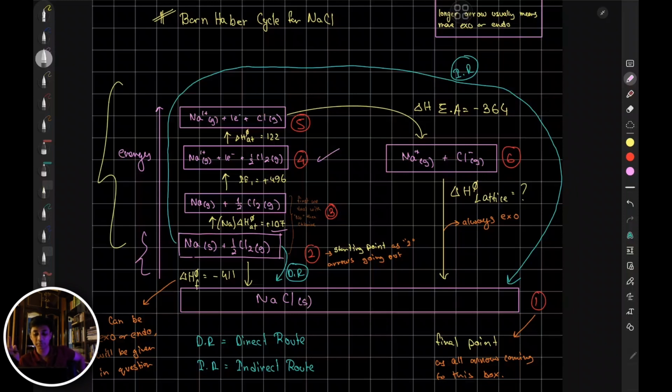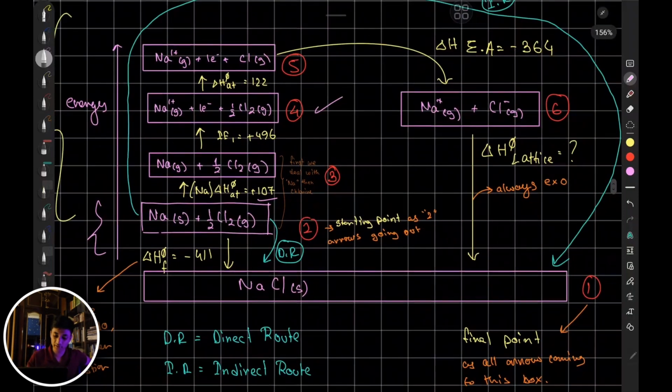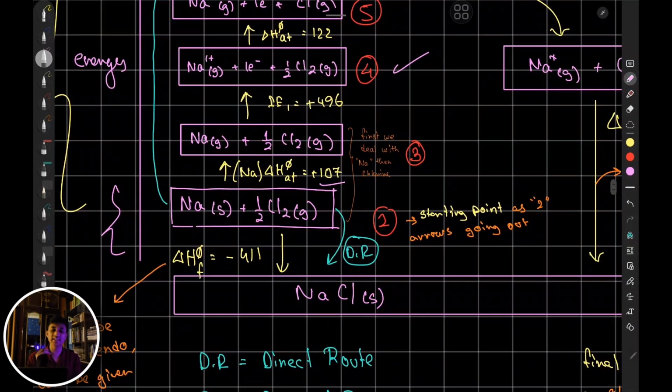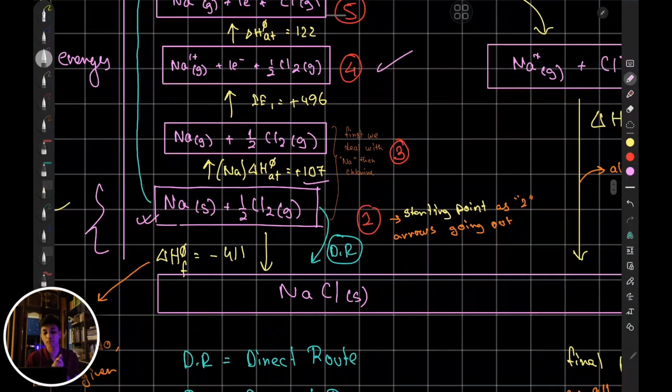I've already labeled it, but still, just for the explanation, from, let's say, the elements sodium and chlorine, you're getting two arrowheads pointing out of the box, meaning two sets of enthalpy changes are happening from this specific box or set of elements. One is enthalpy change of formation, the other is atomization. So we can say that this is the starting point, the elements.